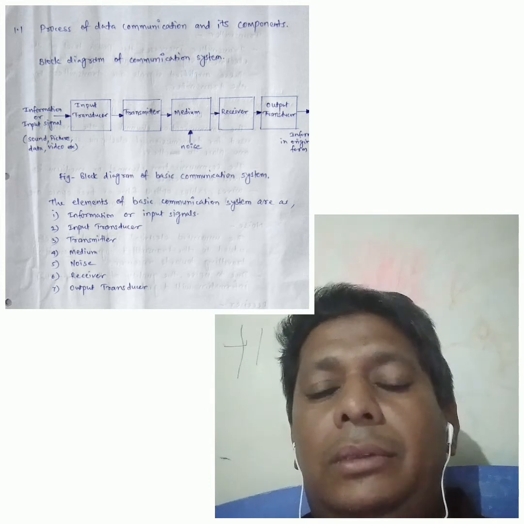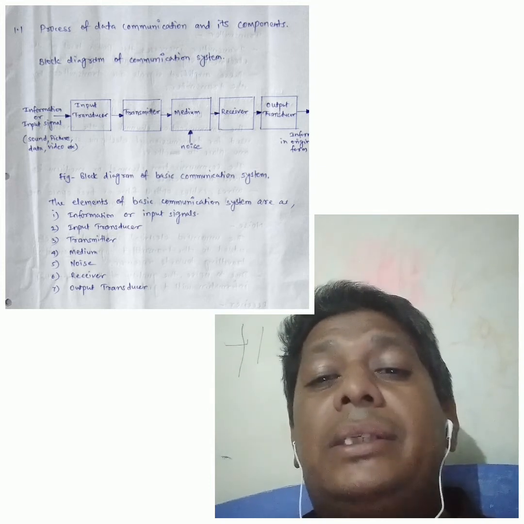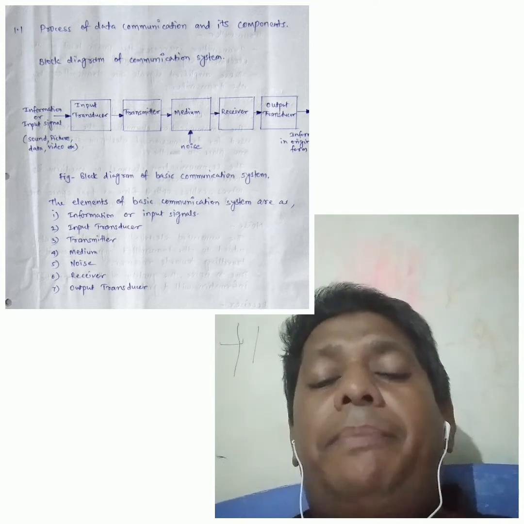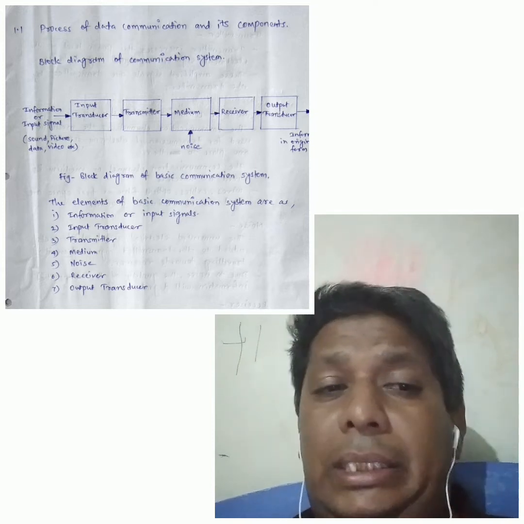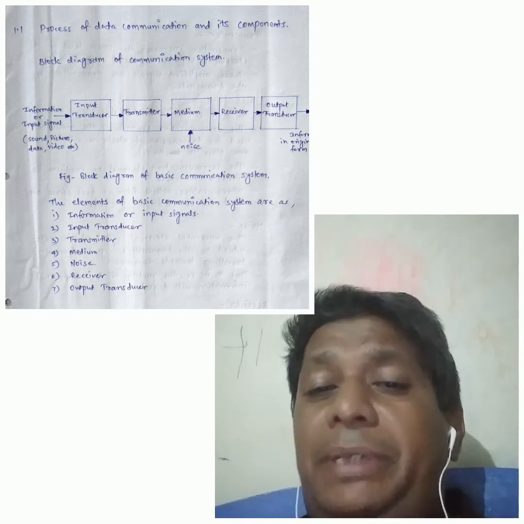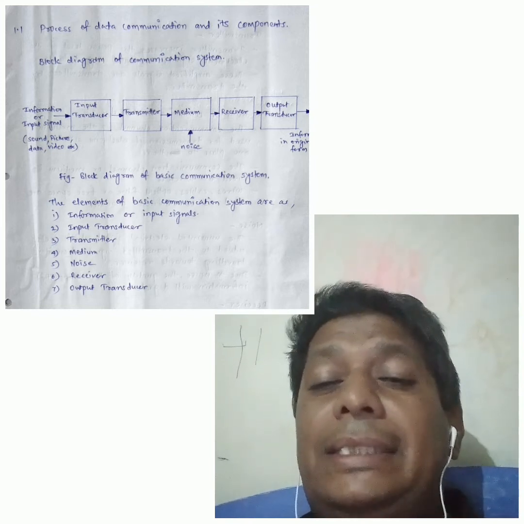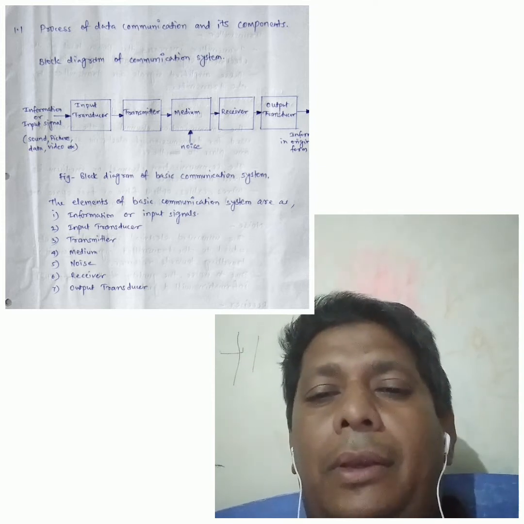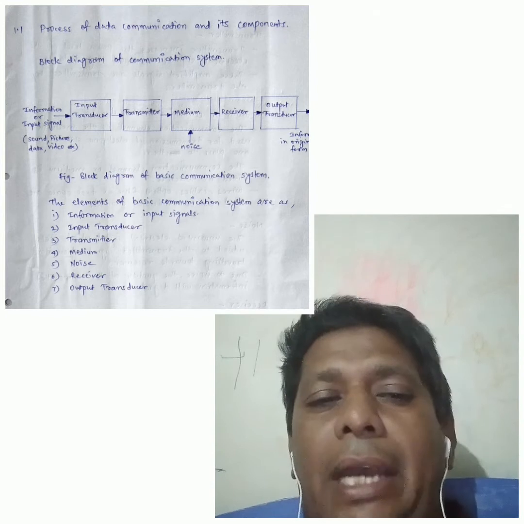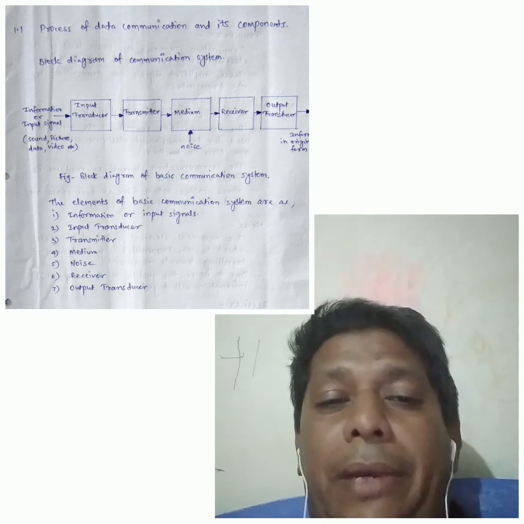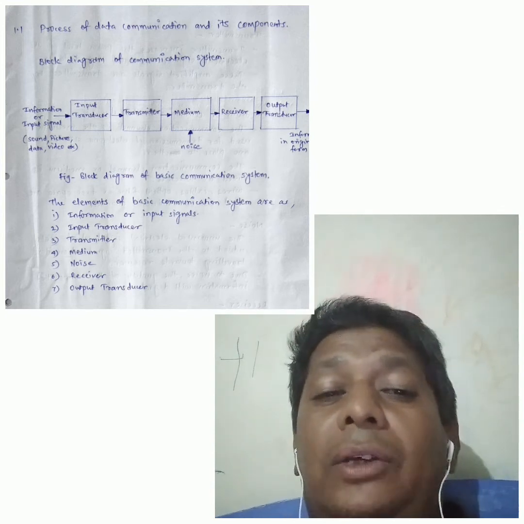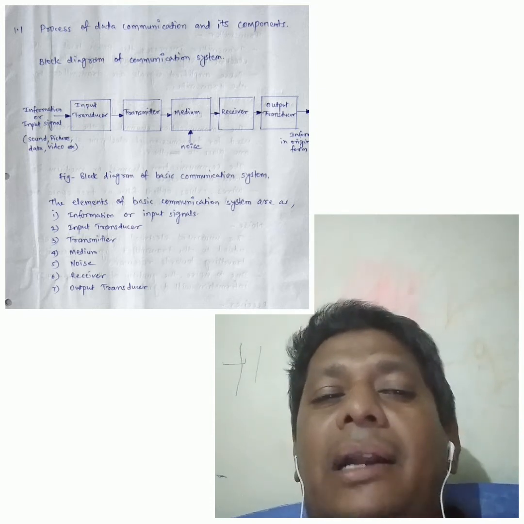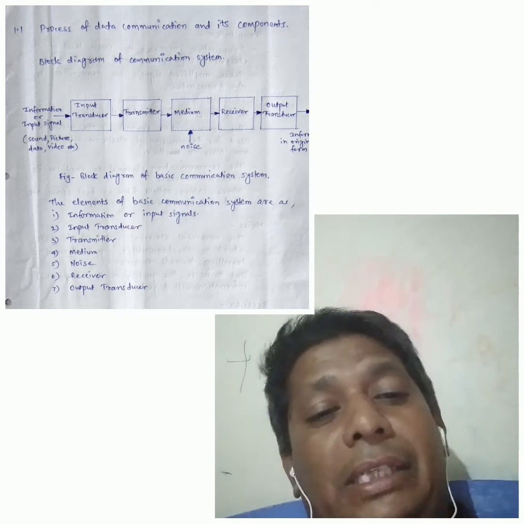Weakened means the signal strength decreases. So we need to increase the power level of the electrical signal. The transmitter takes the electrical signal from the input transducer, boosts it, and sends it through the medium so it can travel a long distance. These amplified signals are transmitted by the transmitter.